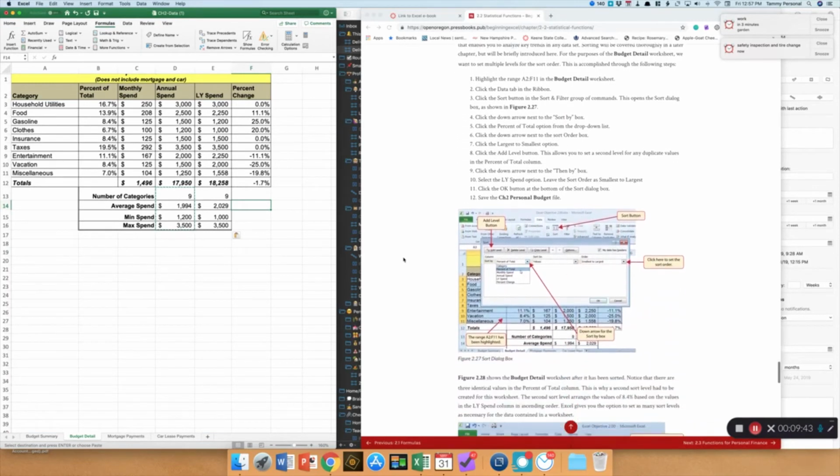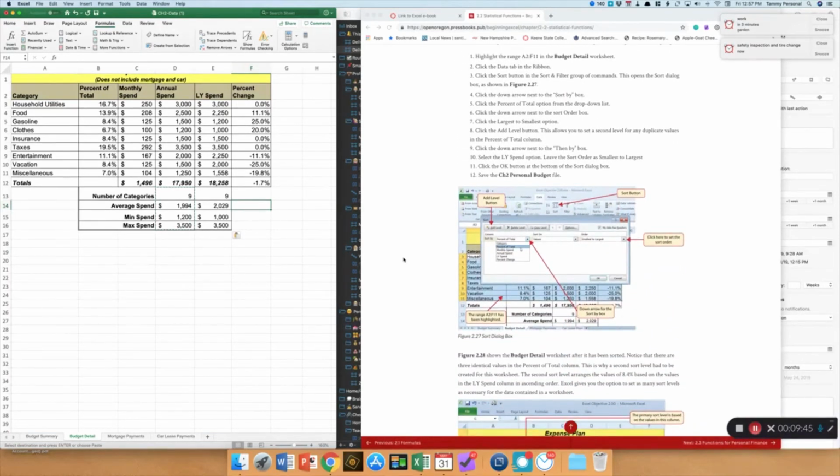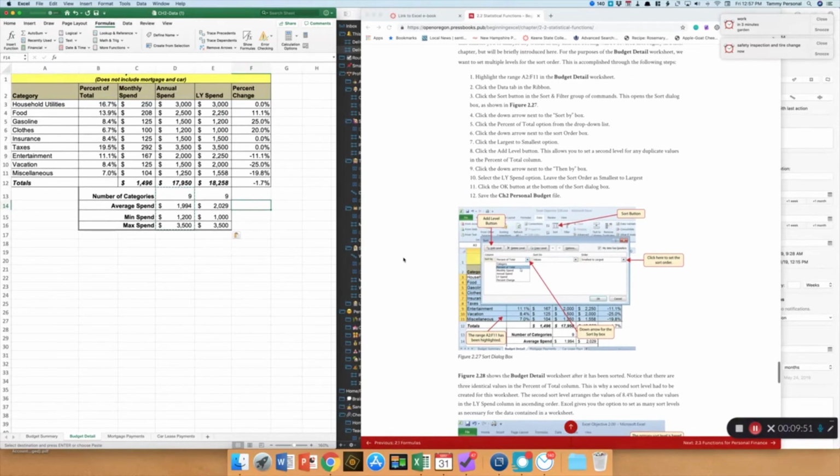Okay, so now we have our statistics, and now what we can also do is sort our data from the biggest percentage of our total to the lowest percentage of our total, if we want. So if we want to sort our data by the percentage of total, so the biggest chunk of our budget from highest to lowest, the first thing that you do is take the whole table that you want to sort, right?